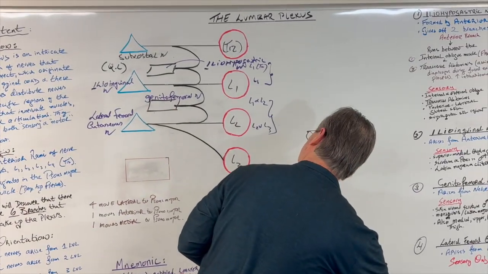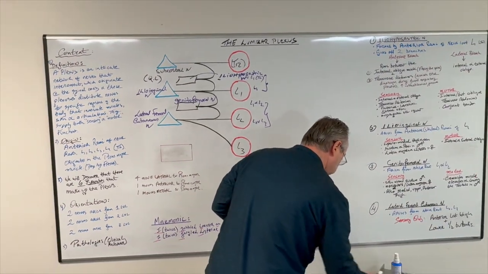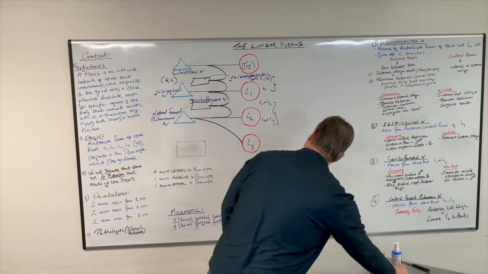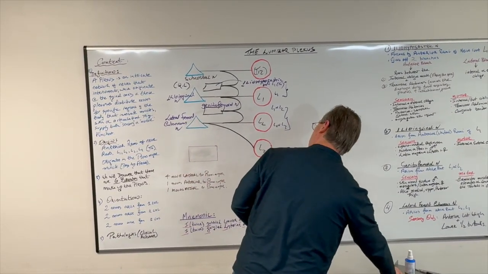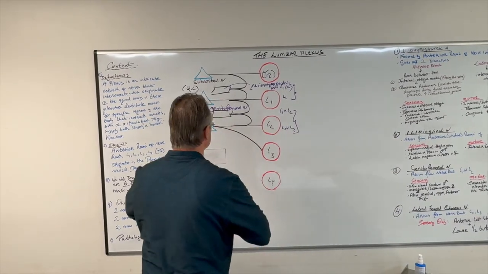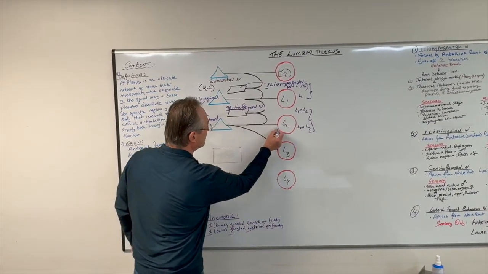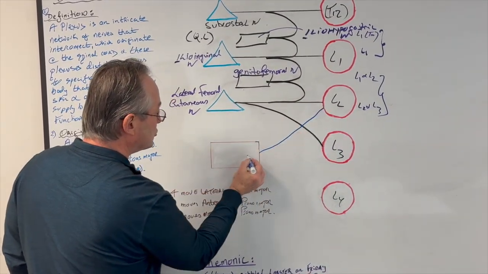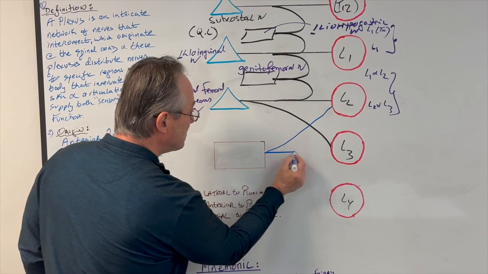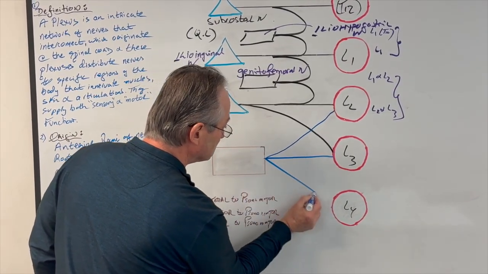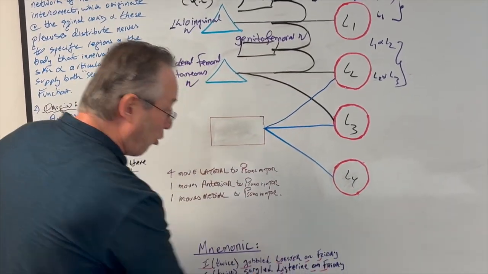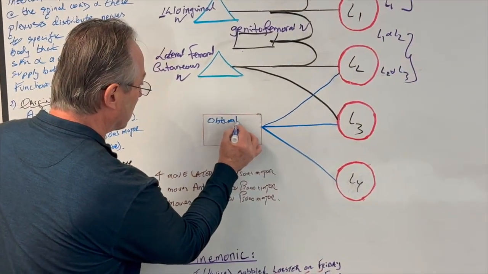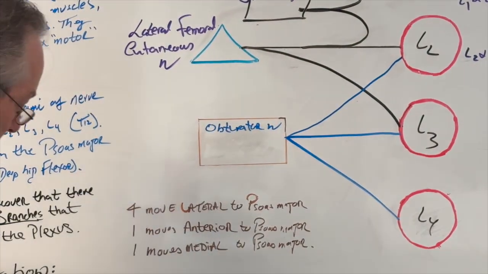We're going to take another color. Let's do brown, and let's see here. Green, we can do green, and we can do dark blue. So what I'm going to do is I'm just going to draw a line straight from L2 down here. It's going to be an arrow. I'm just drawing an arrow. Okay? And that's the O. And the O is the obturator nerve.